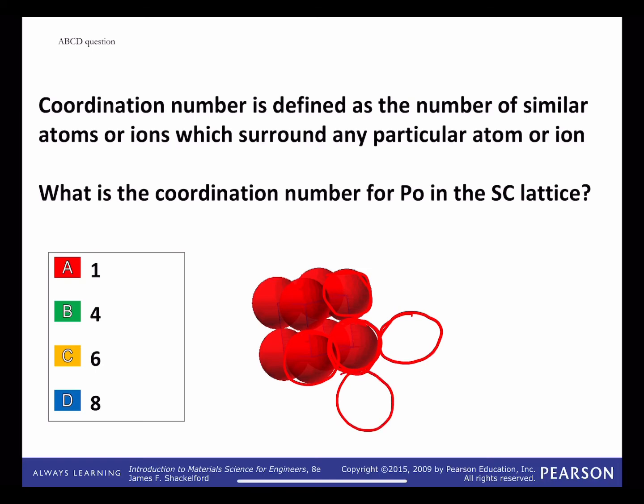And then because we know we contact in 3 dimensions, the next unit cell coming out of the page, there would be a sphere to contact. So that would be a 5th. And then, of course, there's the one right behind it, which we can just kind of see in here. So that would be our 6th contact point. So the coordination number for polonium would be 6.